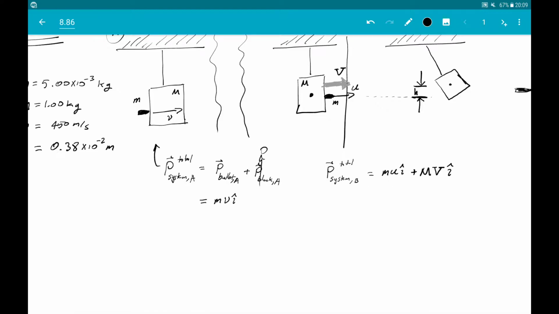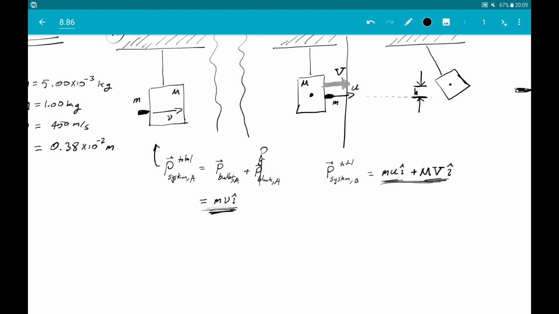So you see the total momentum of the system before the collision is equal to something just in the x direction. After the collision, momentum's got to be conserved. So these two terms have to add up to this one term.